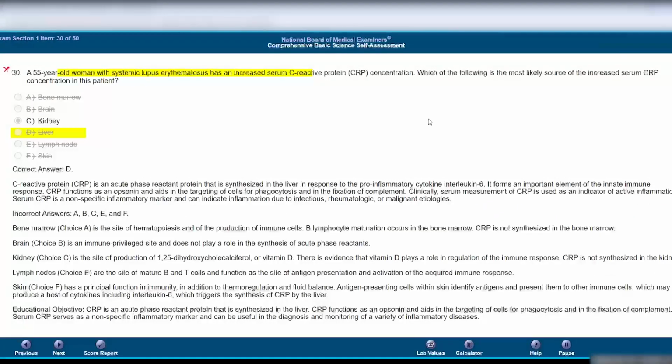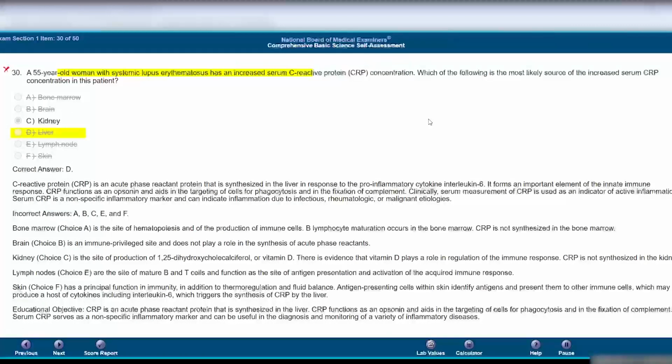Okay, I misread this question. I was very frustrated. This was another one of my silly questions that I knew the answer to. It said, which of the following is the most likely source of the increased serum CRP concentration in this patient? And it said, lady with lupus has increased CRP. I didn't know this was asking where CRP is made, which I 100% knew was the liver.